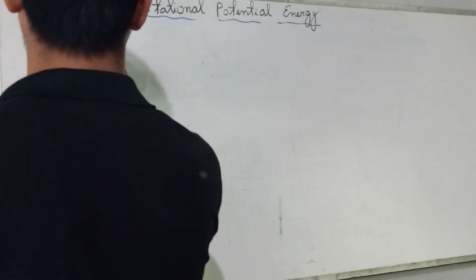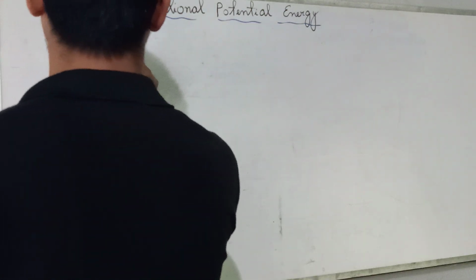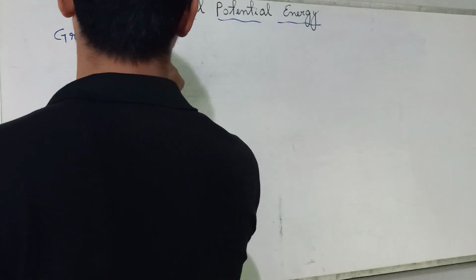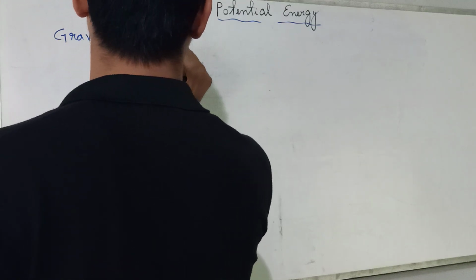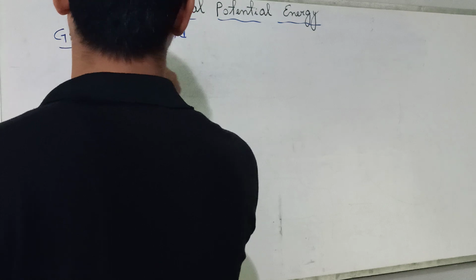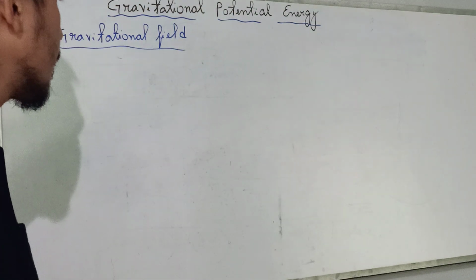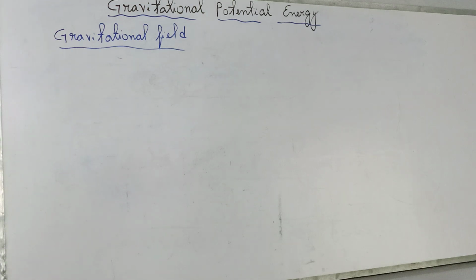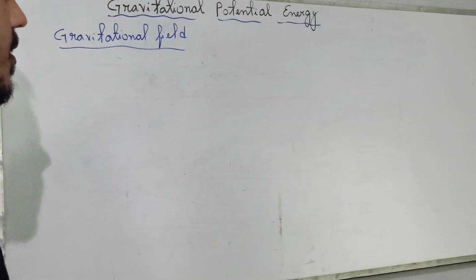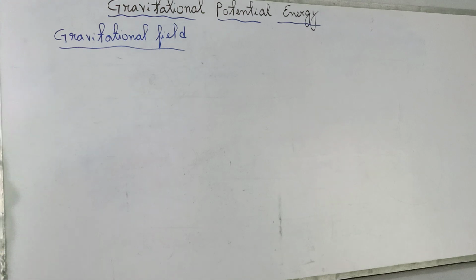So gravitational field means the space surrounding a material body in which its gravitational force of attraction can be measured. Okay, that is known as the gravitational field.